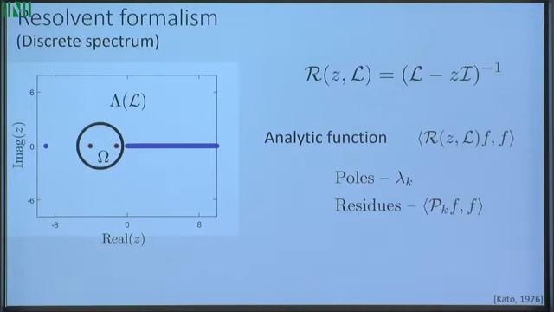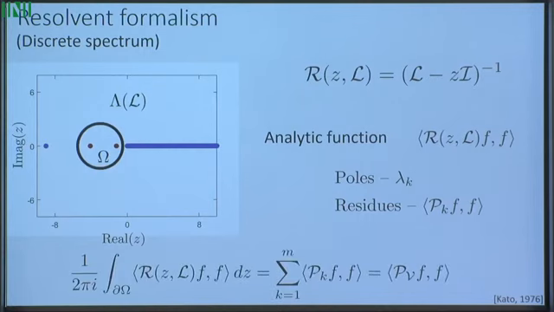So this is really what's going on underneath FEAST. It's building a projector onto the target eigenspace by using Cauchy's formula and discretizing with the quadrature rule.